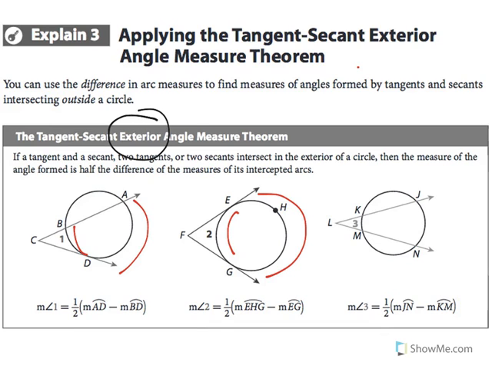And with two secants, angle 3 is half of the arc from J to N minus the arc from K to M.